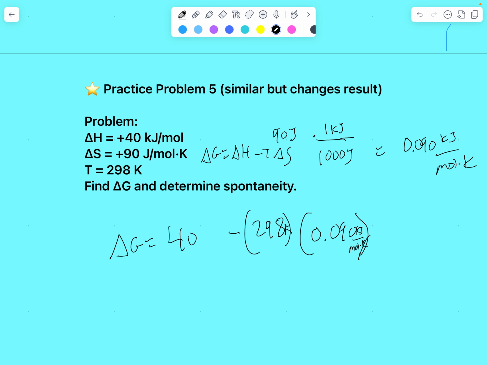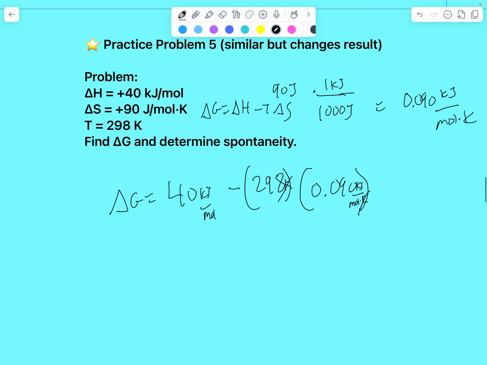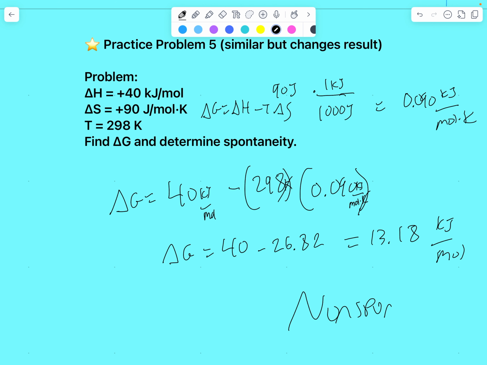You can see Kelvin cancels out, and you're going to have kilojoules per mole. Now, when I plugged all of this into my calculator, I got delta G equals 40 minus 26.82, and I got 13.18 kilojoules per mole. This is a positive number, so it's non-spontaneous. Okay?